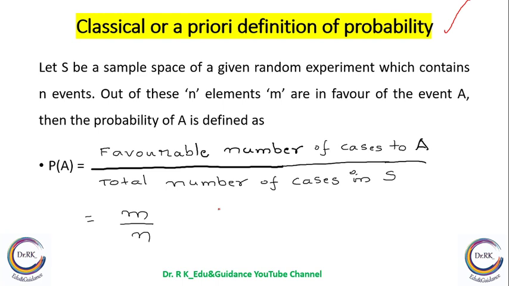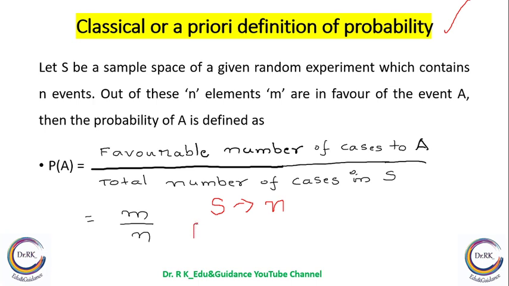Suppose take a random experiment, and we'll have the sample space, right? And assume that the sample space is having n entries. Suppose consider any random experiment and immediately we'll have its corresponding sample space, and assume that the sample space contains n elements.